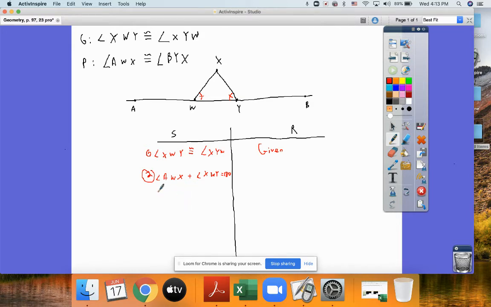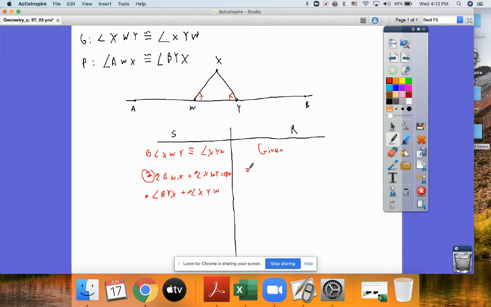And also the other side as well, same thing. Angle BYX plus angle, and this is simple, but it's a big deal. I'm really looking at the measure of, you want to make sure you write that, the measure of angle BYX plus XYW.